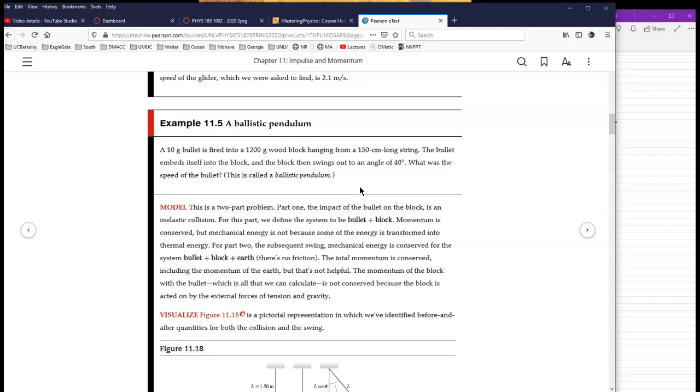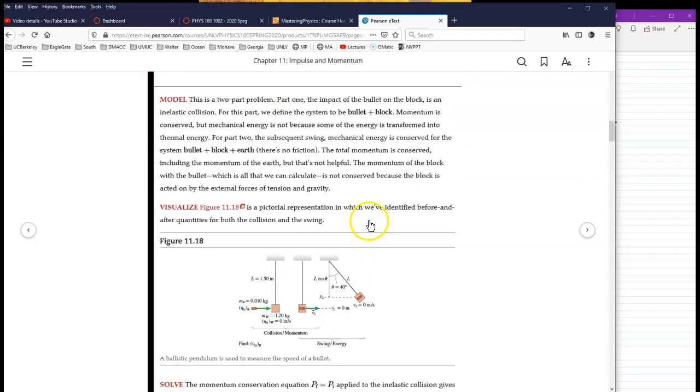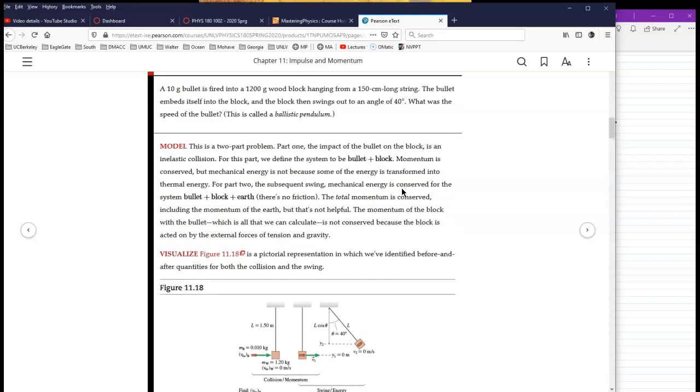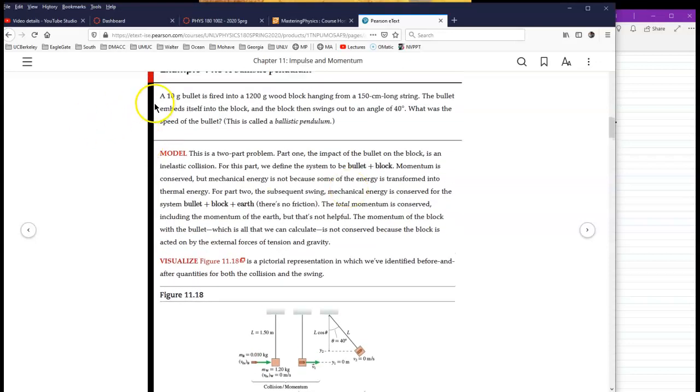Anyway, let me tell you the story of how a ballistic pendulum looks. I don't need to read all that, but let's read very quickly. It says a 10-gram bullet is fired into a 1,200-gram wood block, about 1.2 kilograms, hanging from a 150 centimeter long string.